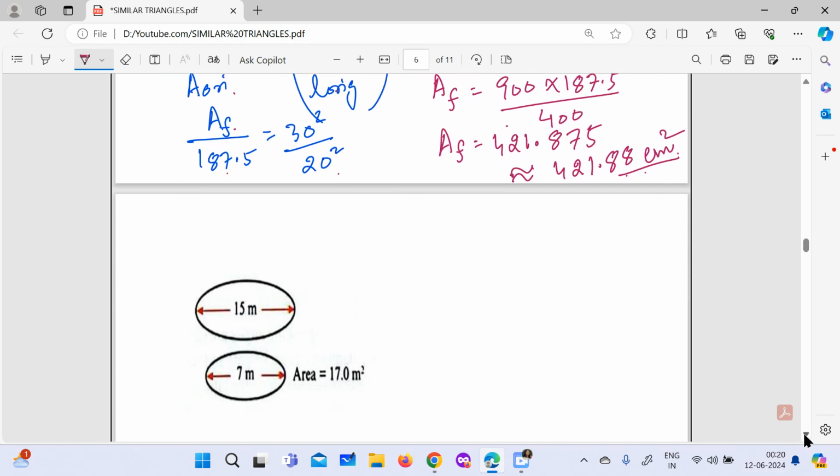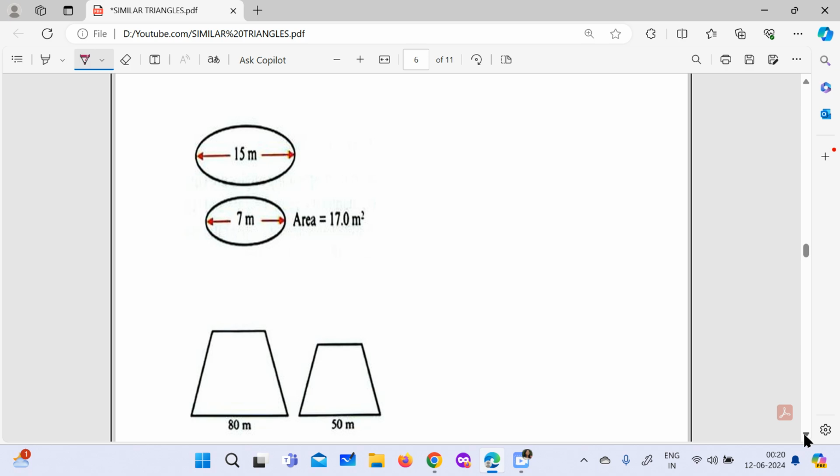Now, this is another shape. Same thing, nothing changes here. Everything is same. Now, as I said, area of the final upon area of the original.